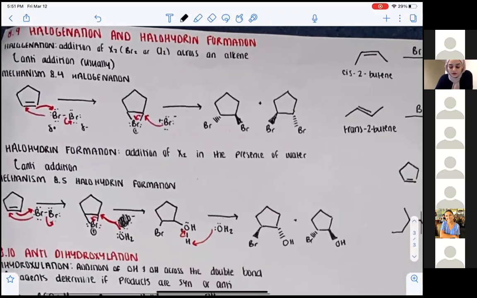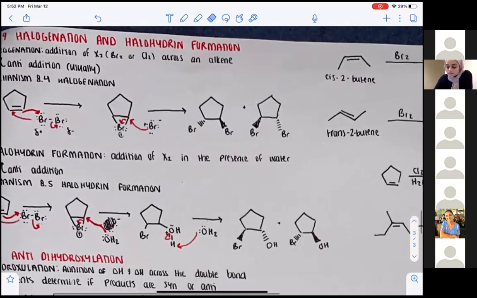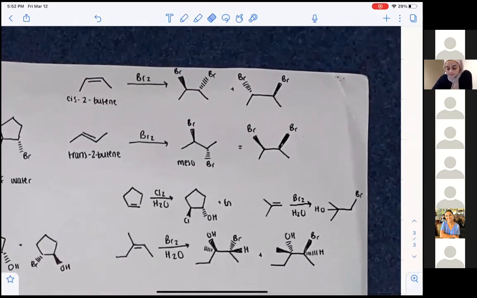So for this product over here, would it only form one of these? No, only in the example for the trans 2-butene do you have to worry about doing it, because that's technically a meso compound if you split it down the middle. So it's weird.